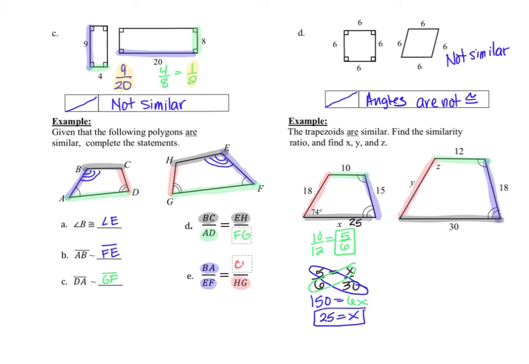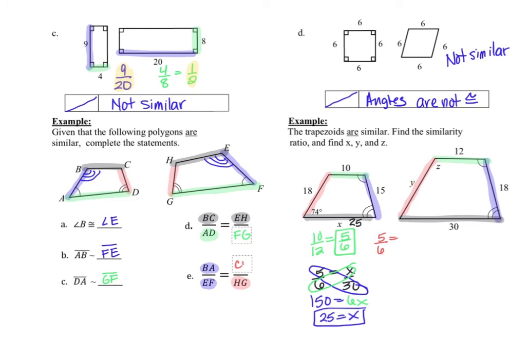Something I want you guys to notice too is my ratio for similarity was written with the small shape compared to the larger shape. So that's what this one represents, small shape to large shape. So when we're writing our ratios, especially to find Y, I want to make sure I keep that order.